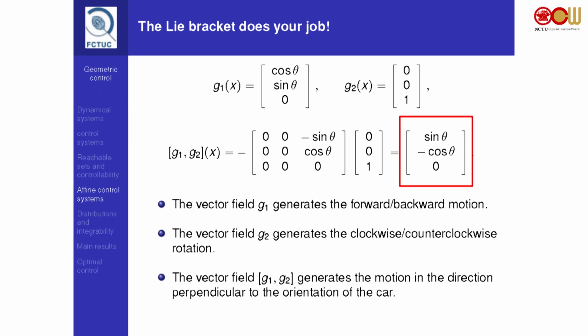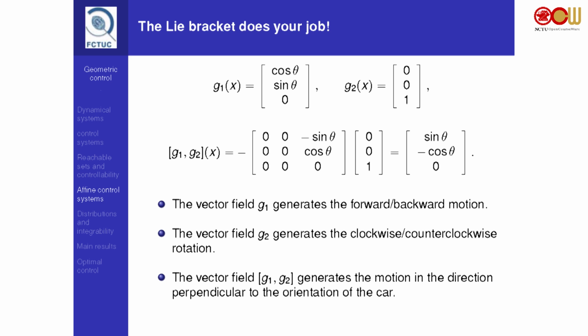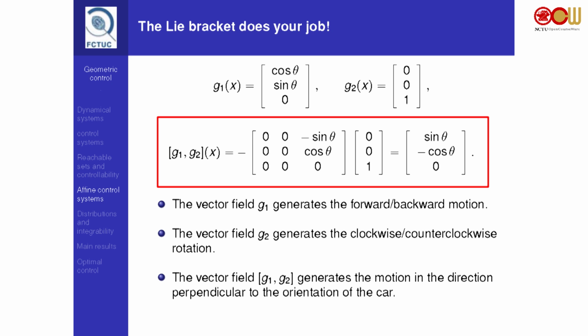Okay. So this Lie bracket generates the motion in the direction perpendicular to the orientation of the car. So what does this mean? So see, this one is perpendicular to G1, and this is the orientation of a car. But what does this mean?